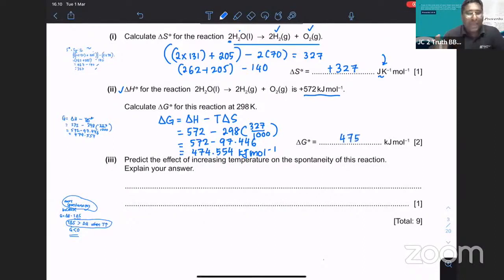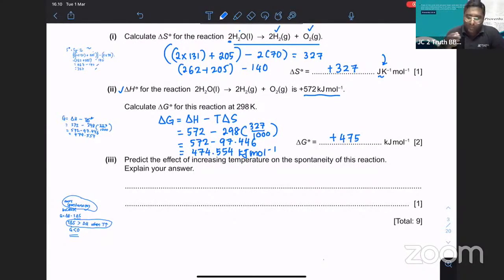Do not forget this, because it's a positive value. For chemical energetics, please make sure you put the symbol over there, which is positive 475 kilojoule per mole.